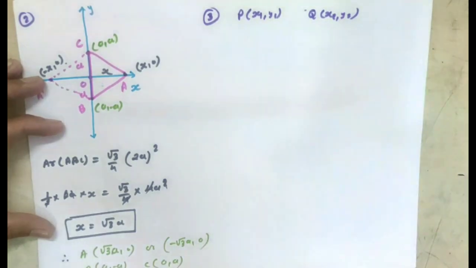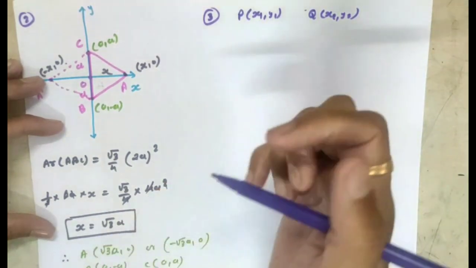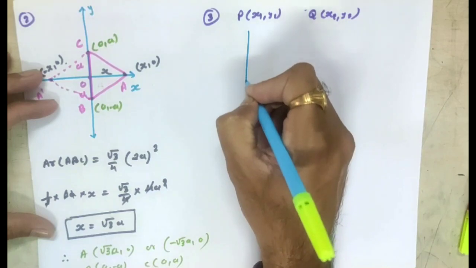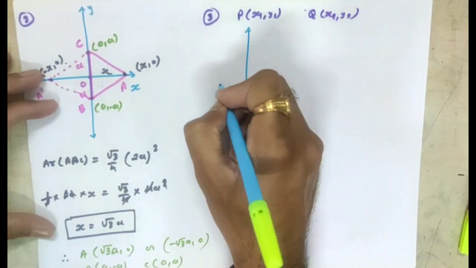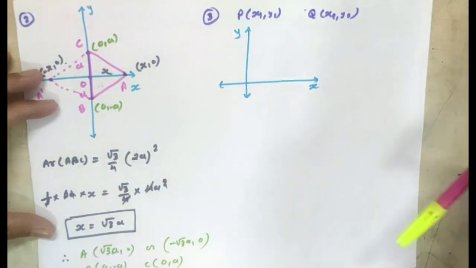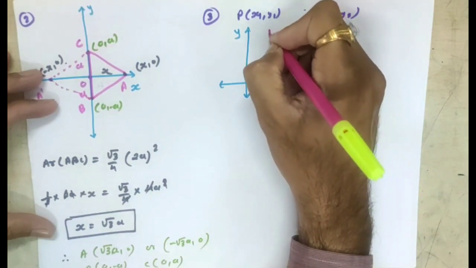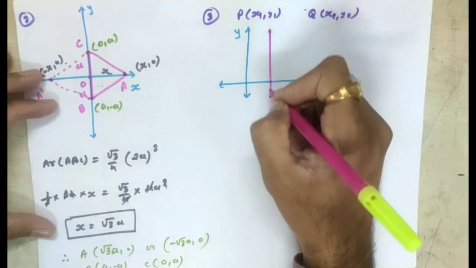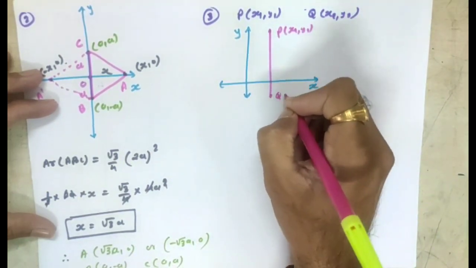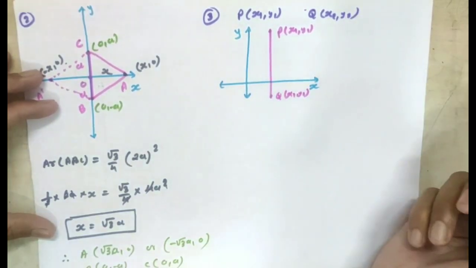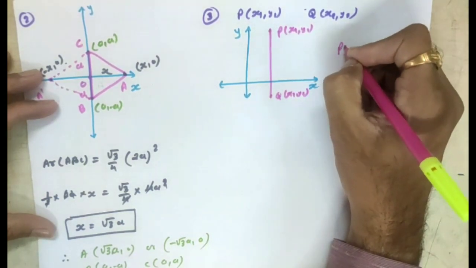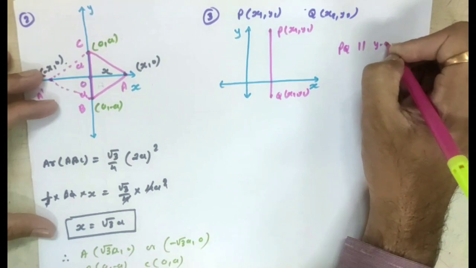Two conditions are there. First condition, PQ is parallel to the y-axis. So the diagram: this is our x-axis, this is our y-axis. Given the PQ line, this is our PQ line suppose, and it is parallel to the y-axis.